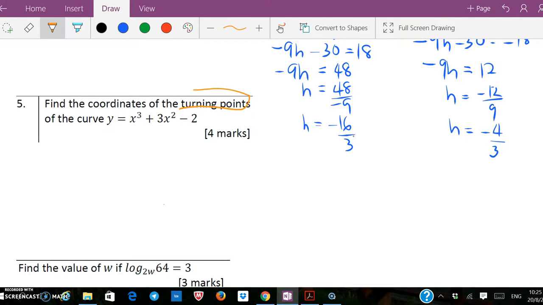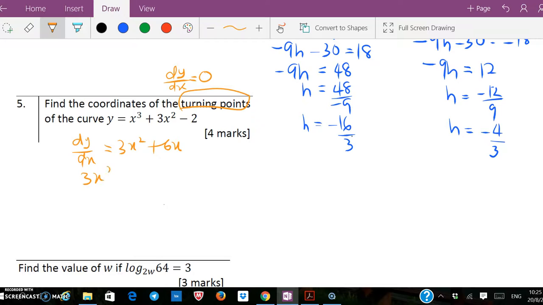So find the coordinates of the turning points. The word turning point here is trying to say it might be a minimum point or maximum point, but the main thing we need to consider is dy over dx is 0, because at the minimum point or the maximum point, the gradient is 0. So our first step is to make sure that dy over dx is 3x squared plus 6x, and then make it 0.